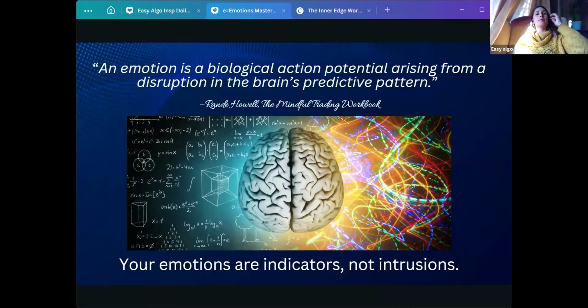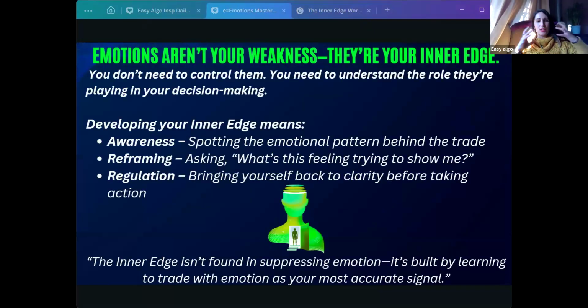Where were we? Okay, so let us reset. Emotions are our indicators. They're not little intrusions. That's really what we want to let sink in and land. For many of us, and I want you to think about this as we start to talk about it, I know we have touched on it, but we're really bringing this all together and integrating it.